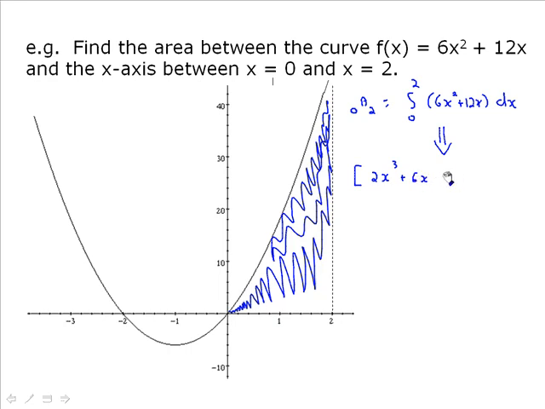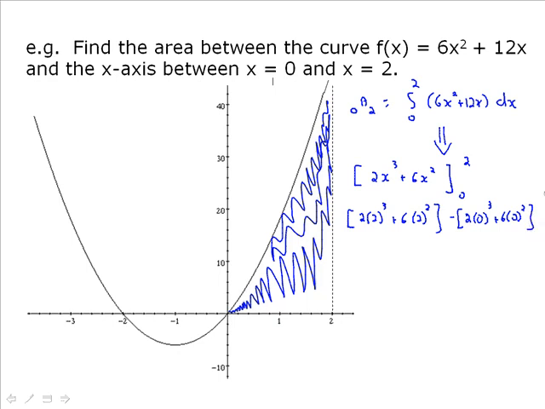And I'm not going to put the c's in, which is typical for these, from 0 to 2. And now we just substitute in. So we get 2 times 2 cubed plus 6 times 2 squared, minus substituting the 0 in, so 2 times 0 cubed plus 6 times 0 squared.